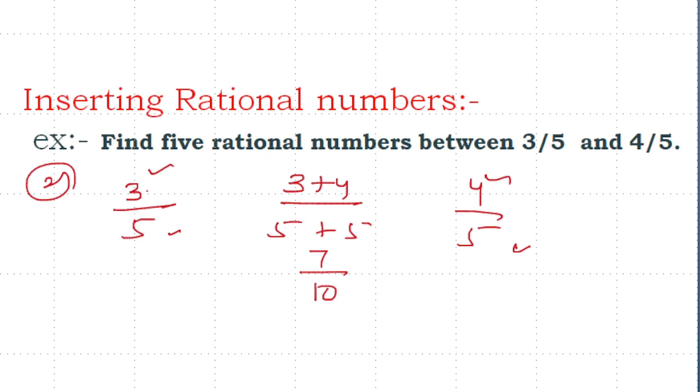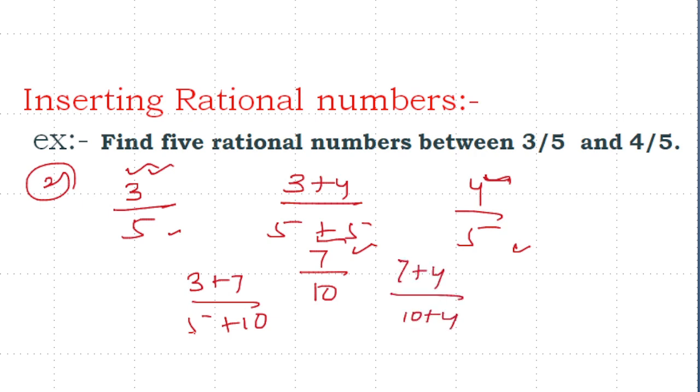Now in between 3 by 5 and 7 by 10, we do 3 plus 7 by 5 plus 10, and in between 7 by 10 and 4 by 5, we do 7 plus 4 by 10 plus 4. So what came? 10 by 15 and 11 by 14.